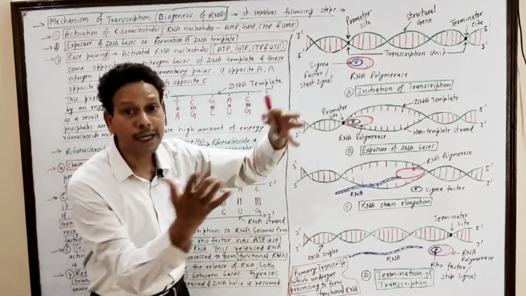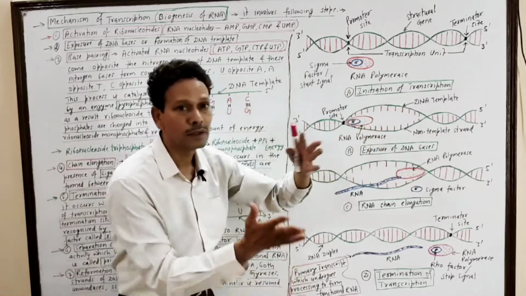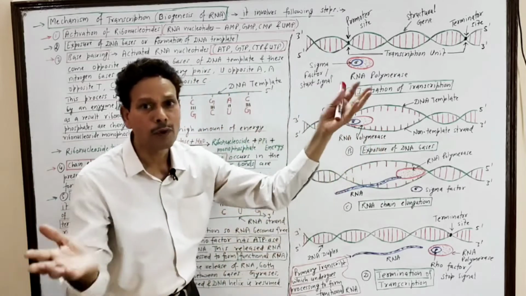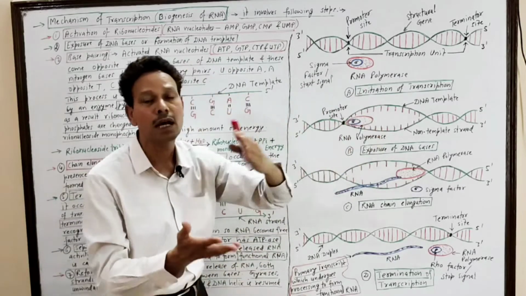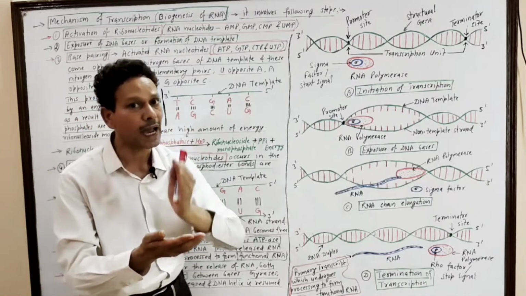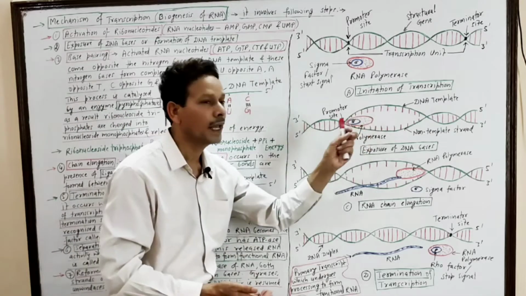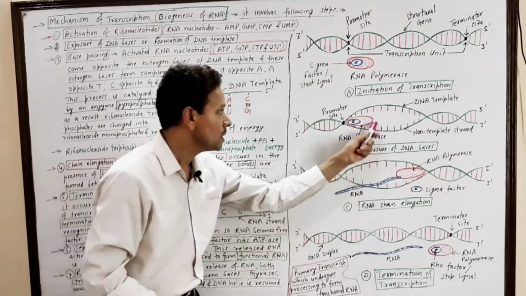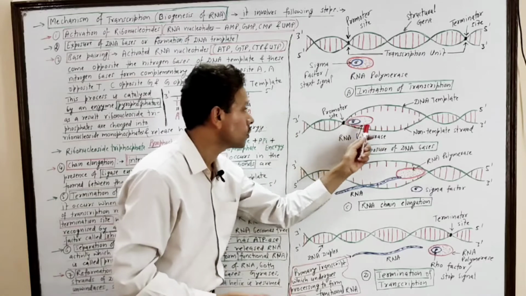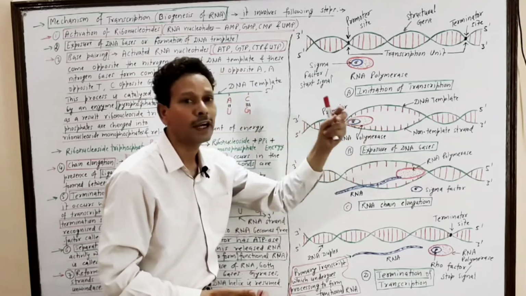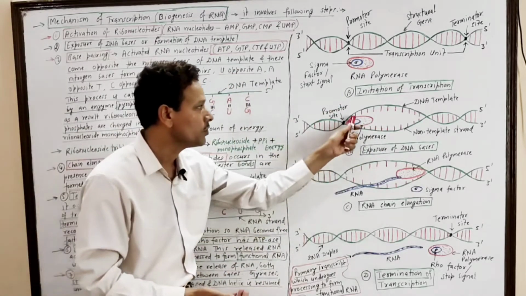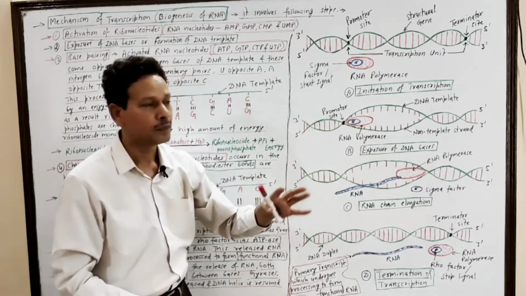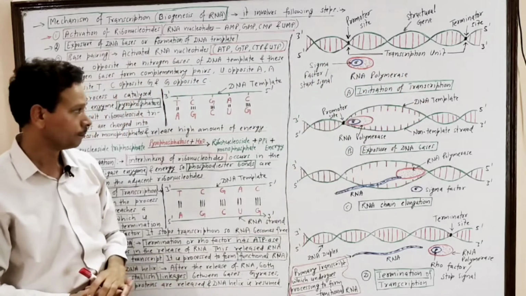It means the DNA helix in which both strands become uncoiled, and that uncoiling, unwinding of DNA strands occurs in presence of helicases, gyrases, unwindases and SSBP, single-stranded binding proteins. The RNA polymerase enters over the promoter site and the sigma factor initiates the process. After initiation, the sigma factor dissociates and the RNA polymerase catalyzes the process.